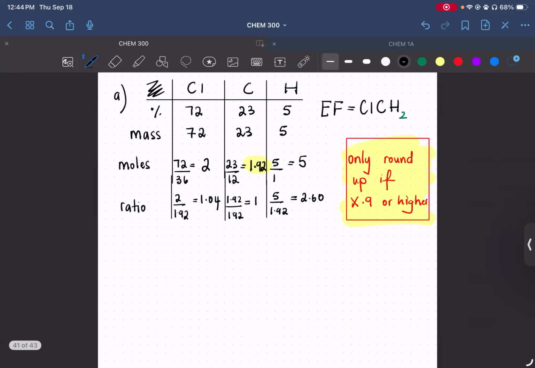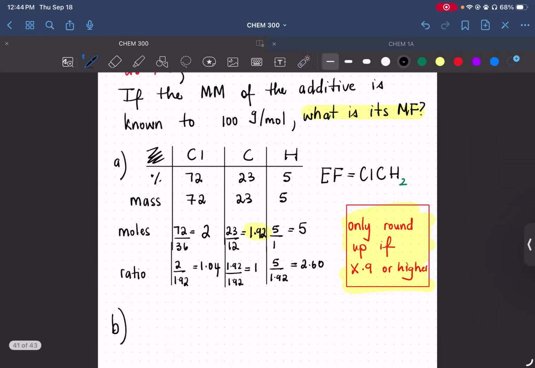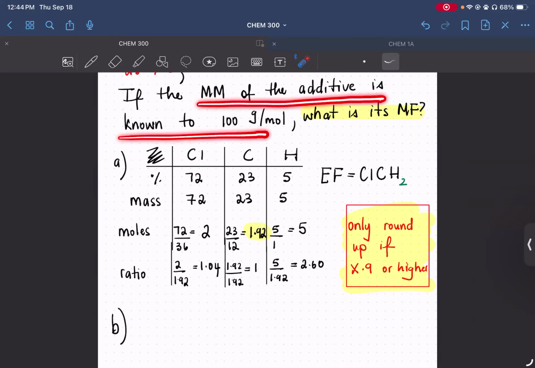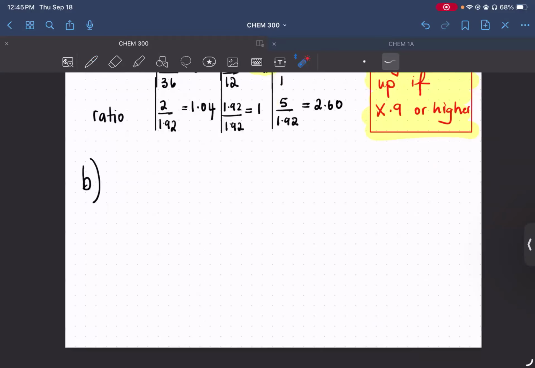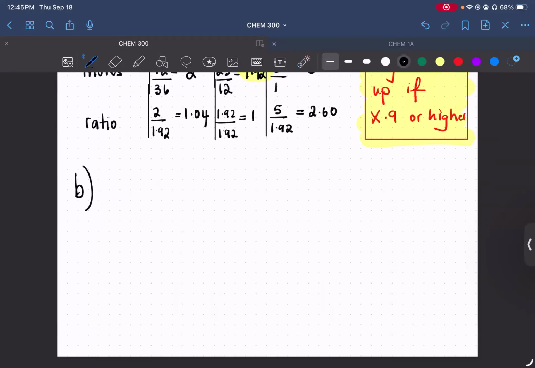Now let's do part B, where it says, if the molar mass of the additive is known to be 100, what is its molecular formula? There is an equation for that.